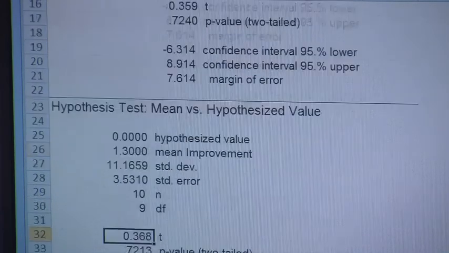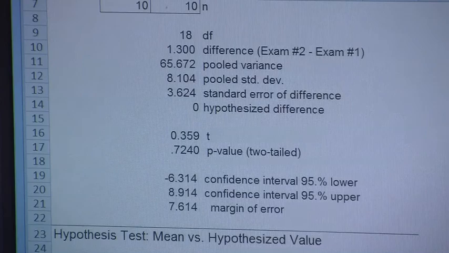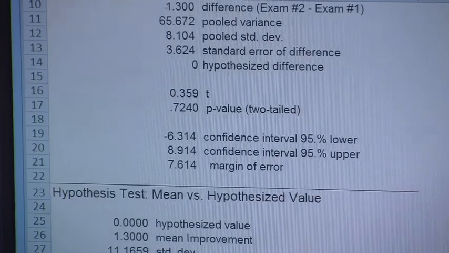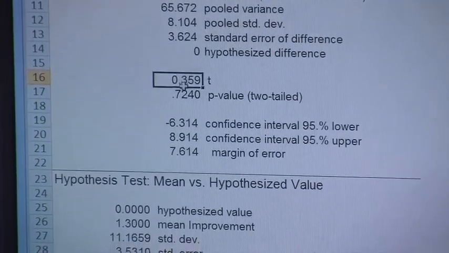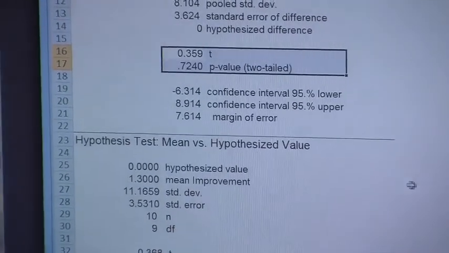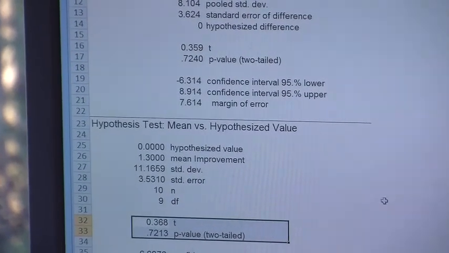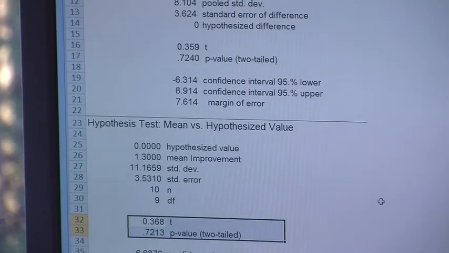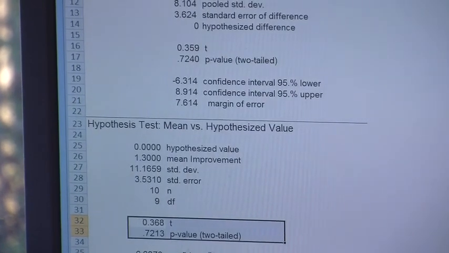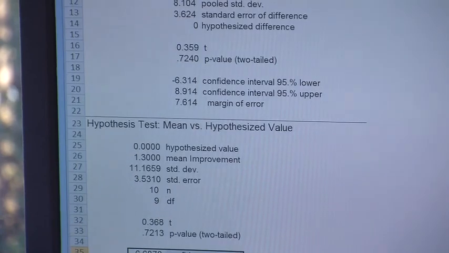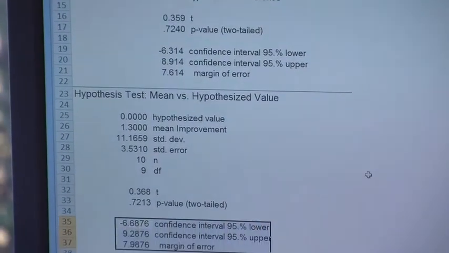But let me also scroll up and compare it to our two-group difference of means test. And you'll see that the observed t-value and p-value are close, but slightly different than what we observed in the one-sample difference of means test. And the same can be said for the 95% confidence interval and the error term. Okay?